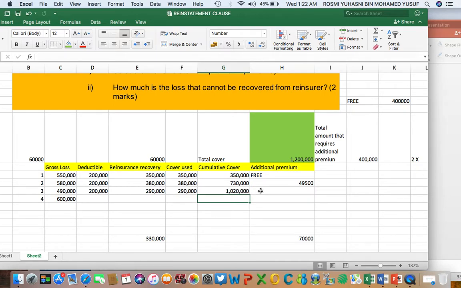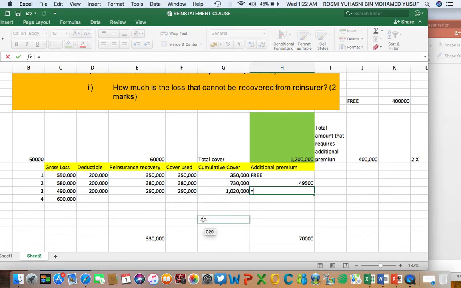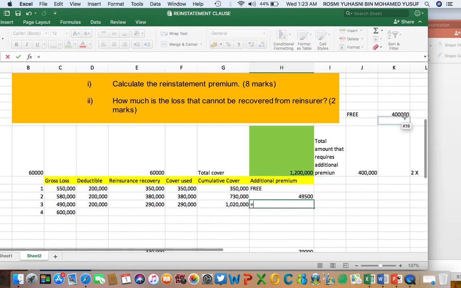Okay? Additional premium. How much are they paying additional premium to reinstate the cover? Remember, they have been paying up to 730 after claim number 2. So how much more do they have to pay as additional premium? Remember, they have 400,000 free of charge, and 400,000 they have to pay additional premium for.